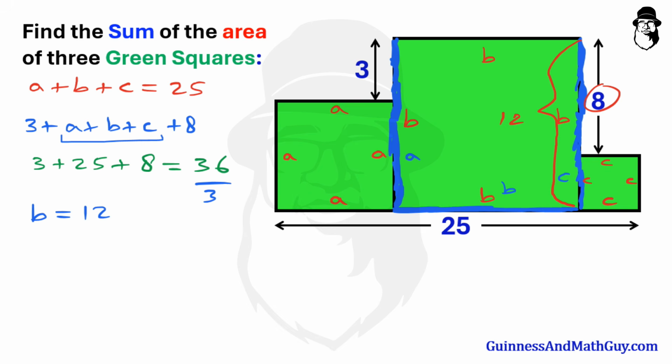And if this is 8, this C must be 12 minus 8, that is 4, right? We have the side of the smaller square, we have the side of the bigger square also. And if from here to here it's 12, then from here to here it must be 12 minus this 3, that is 9.